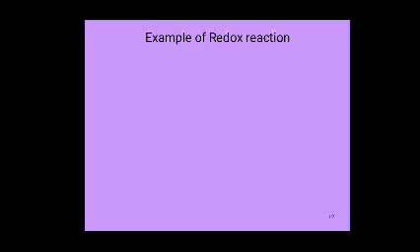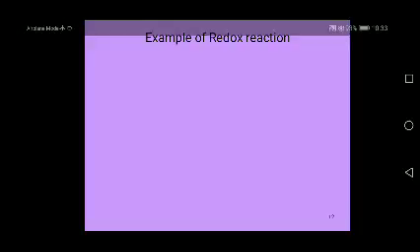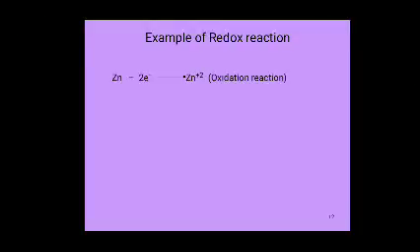Example of a redox reaction. Zn loses 2 electrons from its valence shell to form the Zn+2 cation. This reaction is called an oxidation reaction.